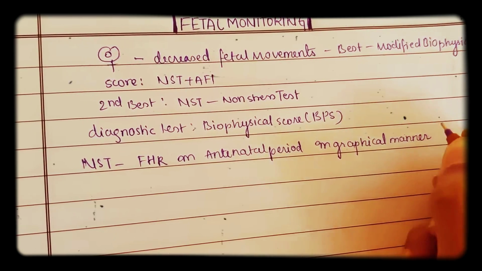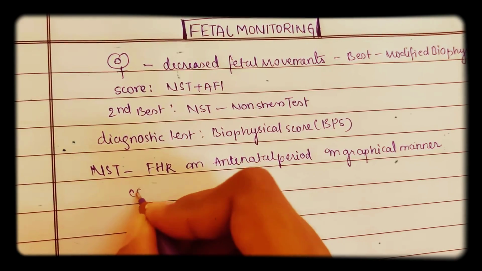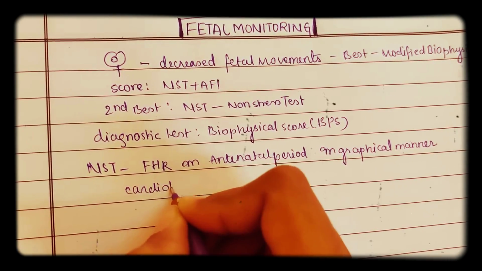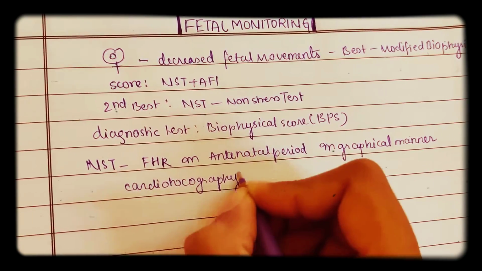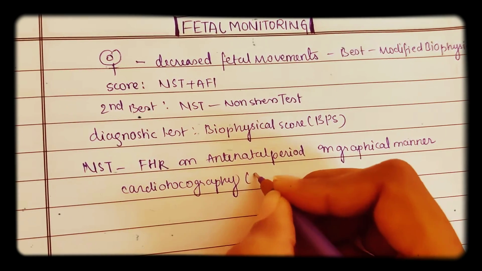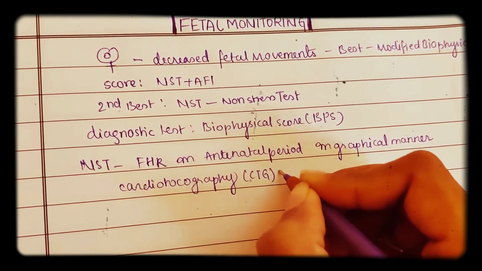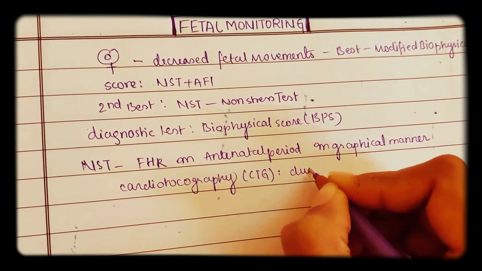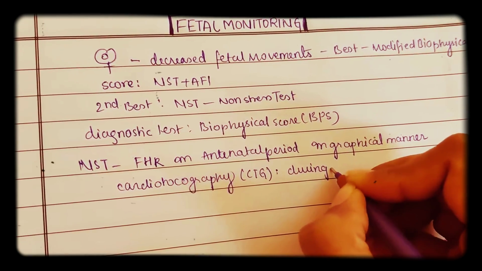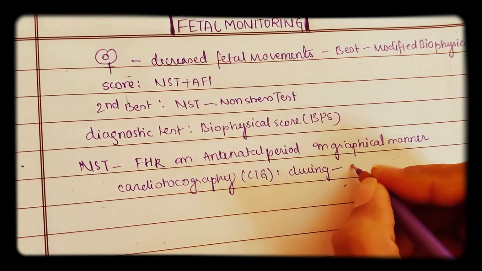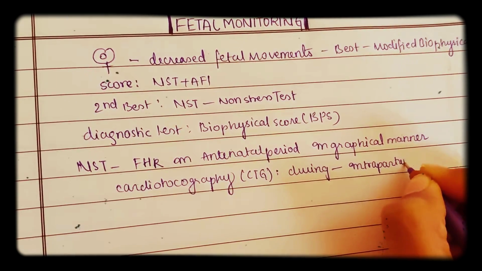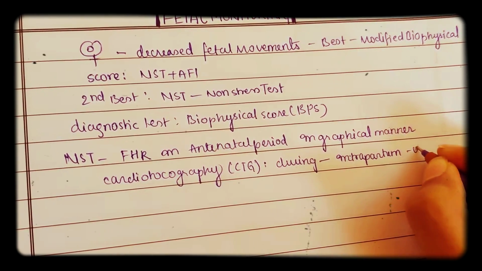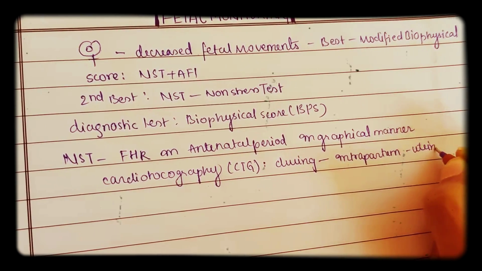So next we have another test called cardiotocography. So cardiotocography is actually NST, but another form of NST, where you do this during the period of uterine contractions, that is in the intrapartum period, when uterine contractions are seen.